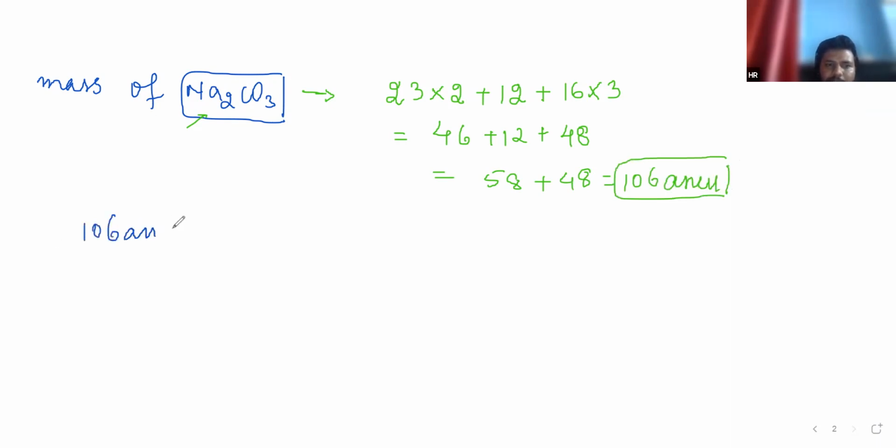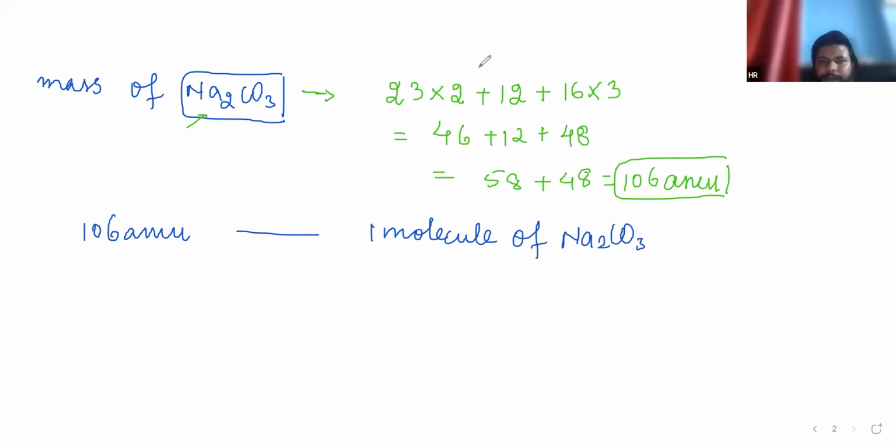Just focus on it. The whole mass of one molecule of Na2CO3 is 106 AMU. That means in 106 AMU, one molecule of Na2CO3 is present.